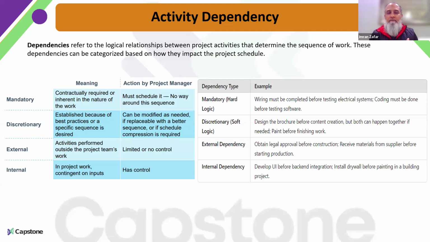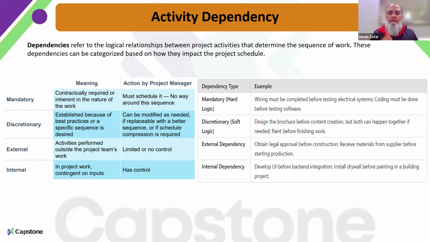When we talk about sequencing activities, there are always some dependencies between the activities. A dependency can be any logical relationship between particular activities, and that will define how we need to sequence those activities.